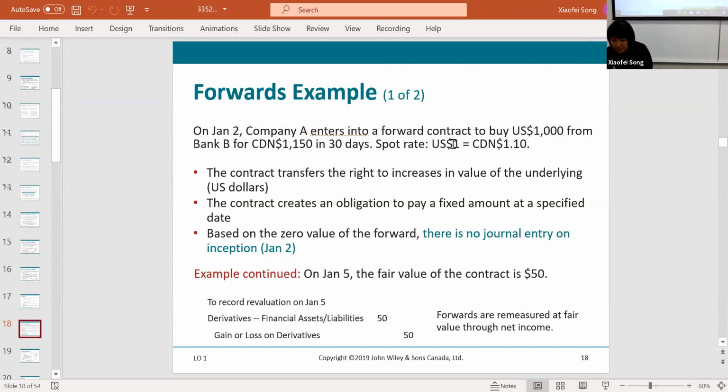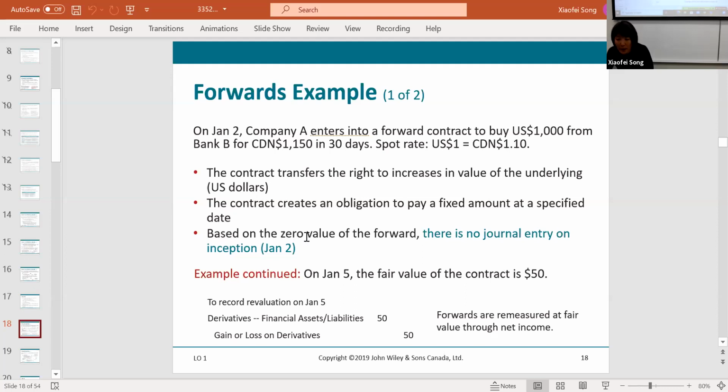Okay, so this contract transfers the right to increase in value of the underlying US dollars. The contract creates an obligation to pay a fixed amount at a specified date.